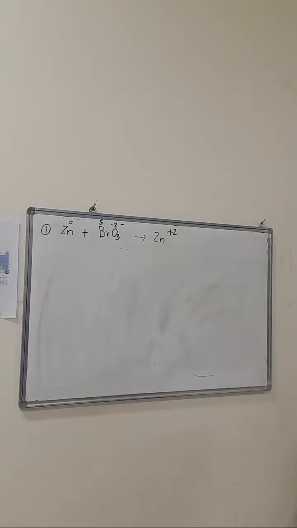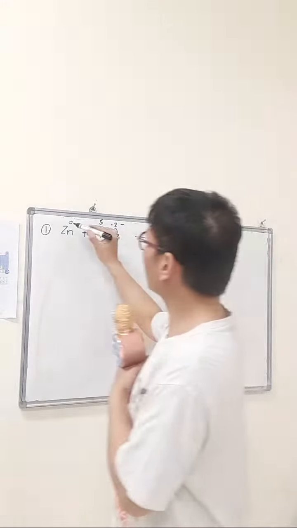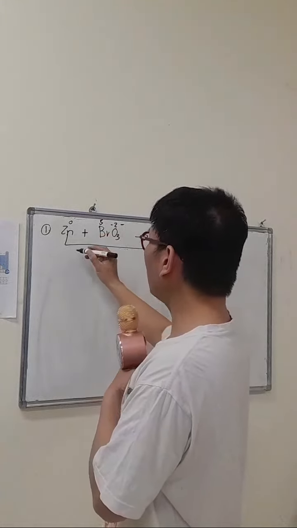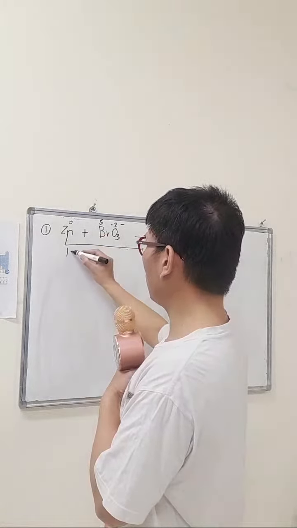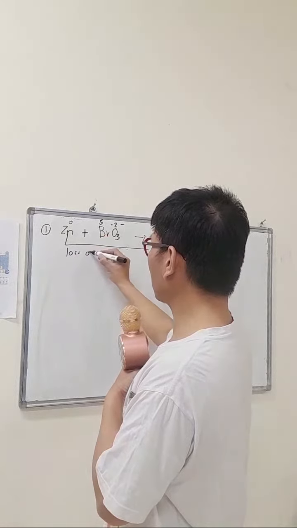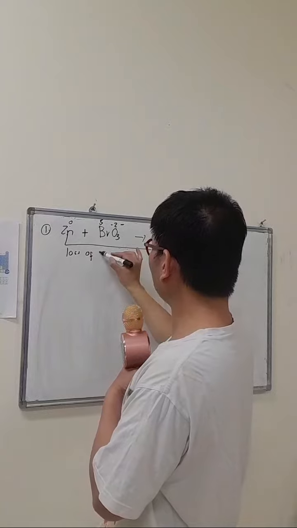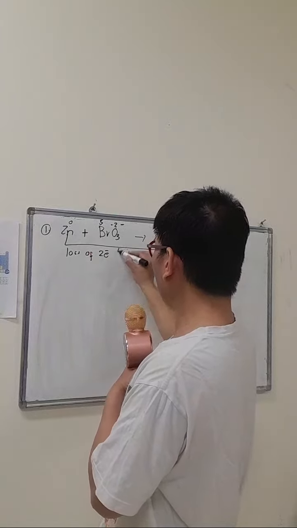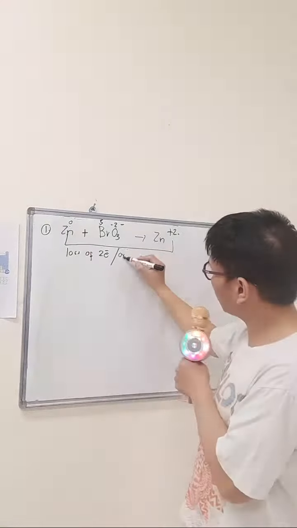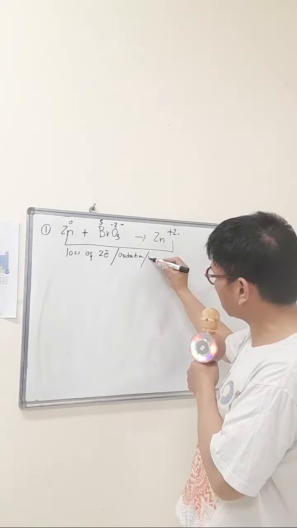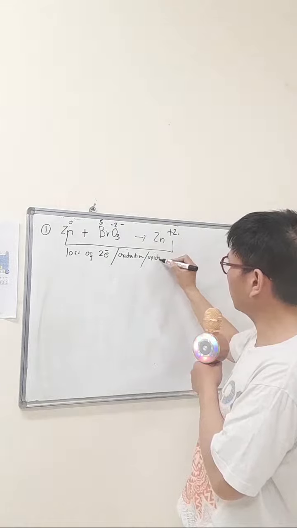Now we have to determine the oxidation. The loss of electrons means the increase of oxidation number. So zinc goes from 0 to 2, so this is loss of electrons. From 0 to 2, meaning loss of 2 electrons. And this is the oxidation process. What is being oxidized is the zinc.